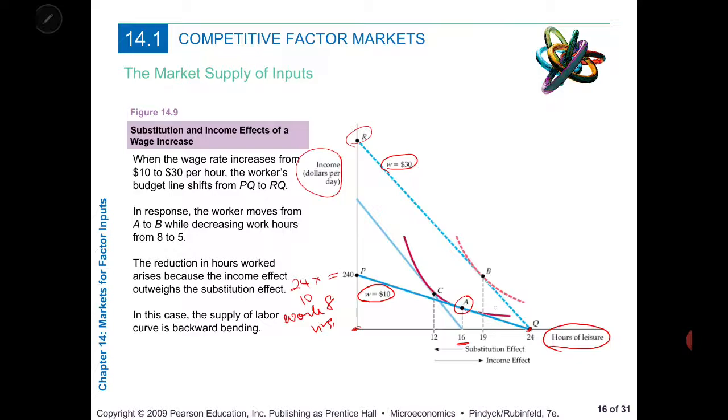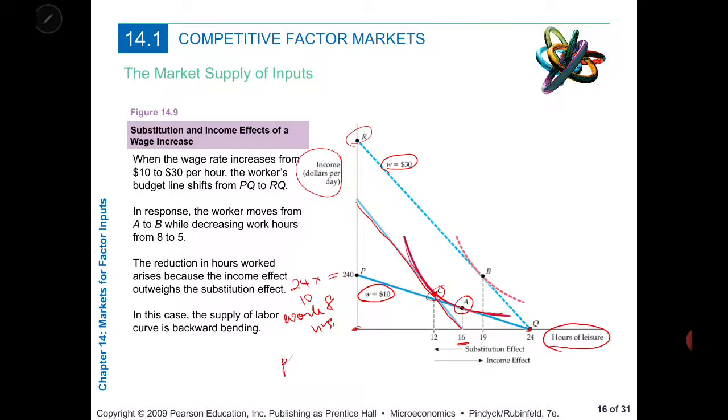When the price of labor hours increases to 30, you now have a new budget line. And with that new budget line, if you stay on the same indifference curve, you will work 12 hours: 12 hours leisure and 12 hours work.